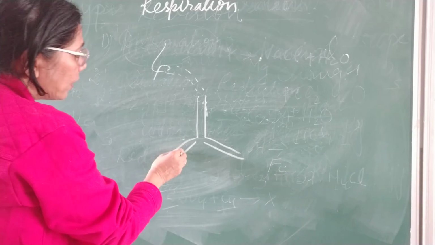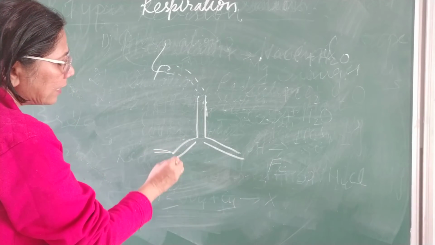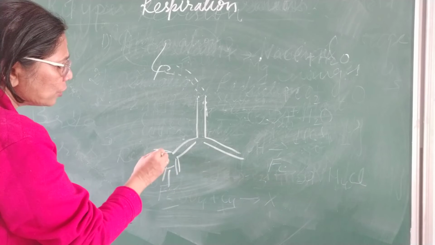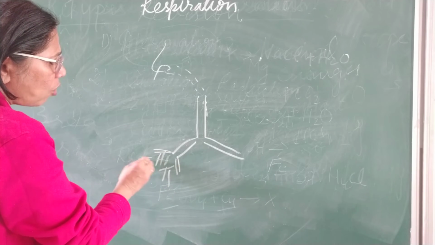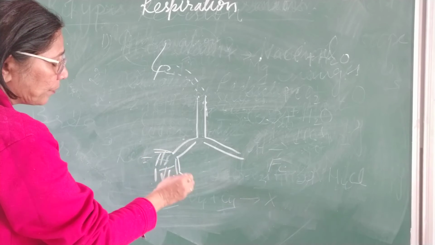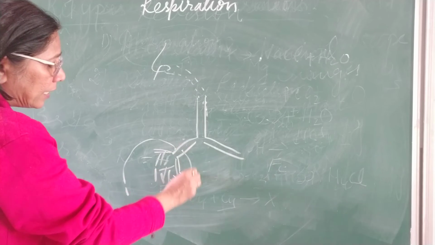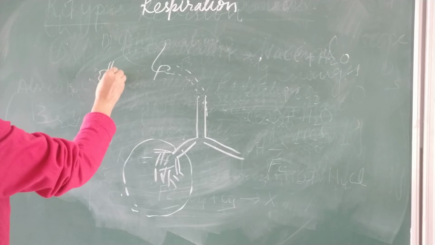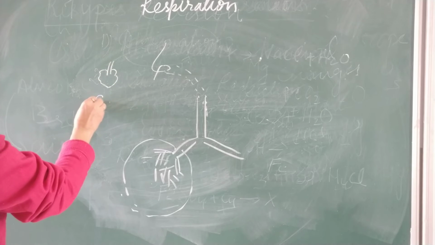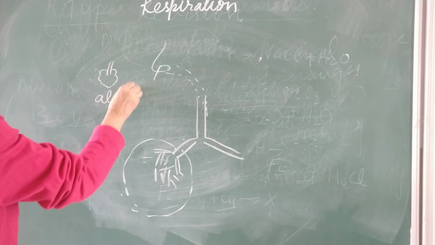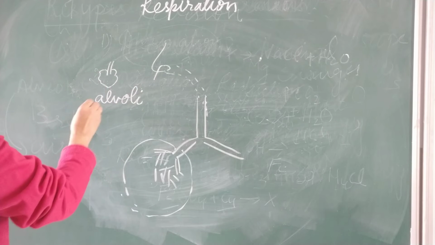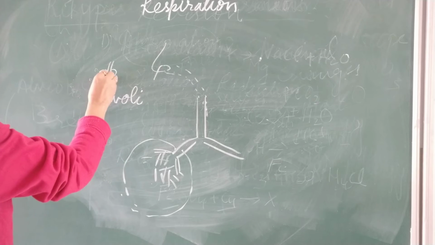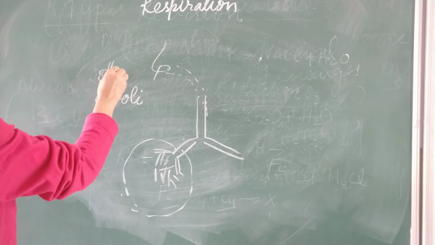The bronchi are divided into several small tubes called bronchioles, and each bronchiole opens into a balloon-like structure called alveoli.